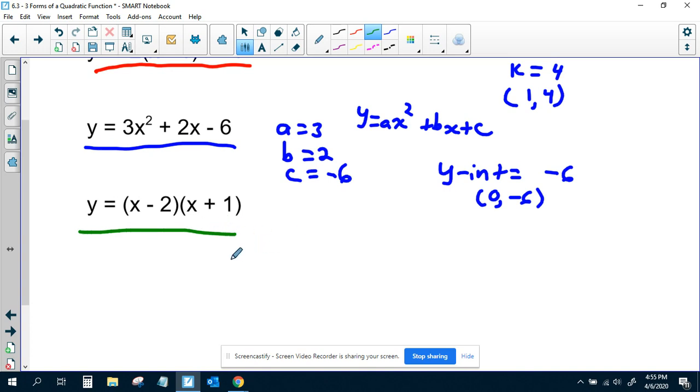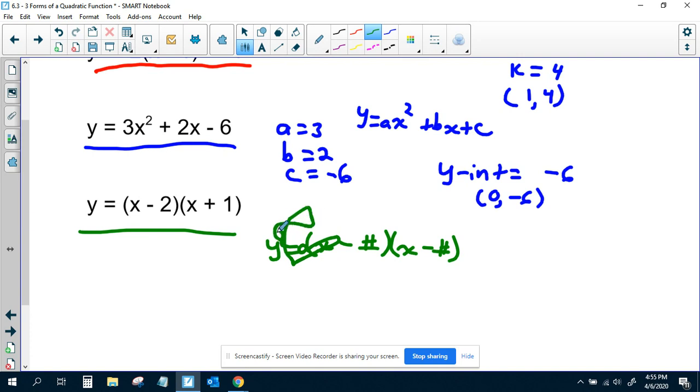Our function is y equals x minus some number times the quantity x minus some number. And of course, we have our a value out front.